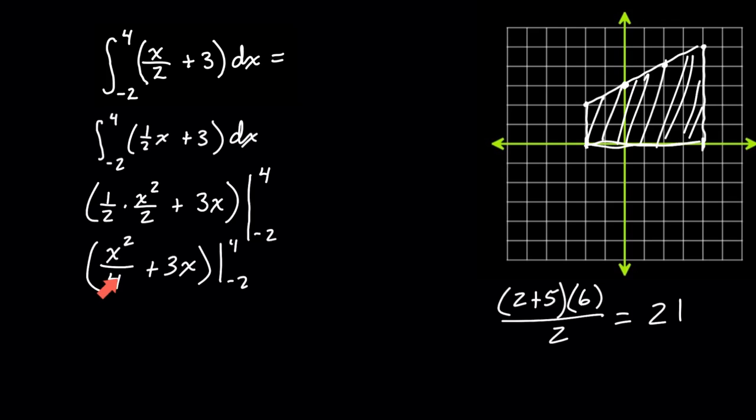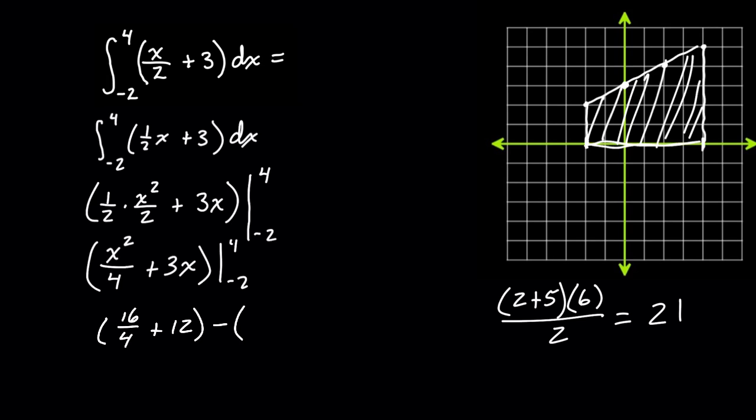So to evaluate an integral, we evaluate the antiderivative at the upper limit of 4. And so that's going to be 4 squared is 16 divided by 4, plus 3 times 4, which is 12. And then we subtract the antiderivative evaluated at the lower limit, -2.